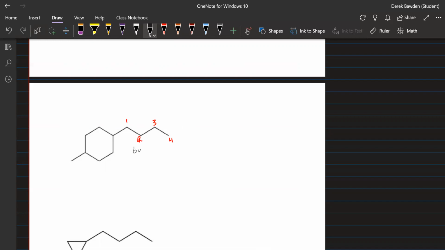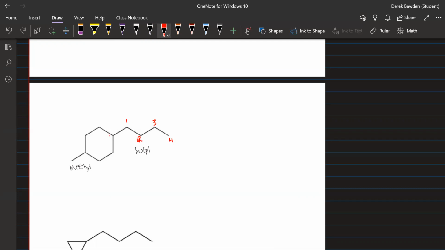So we have a butane and we have a methane. And because they're substituents, we can call this a butyl and a methyl. Okay, alphabetically, which one comes first? Butyl, right? So that's how we determine how to number our ring.